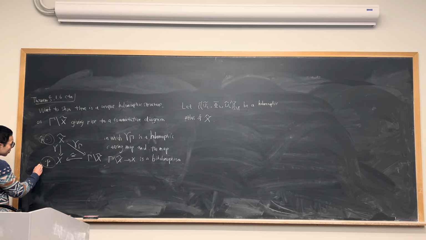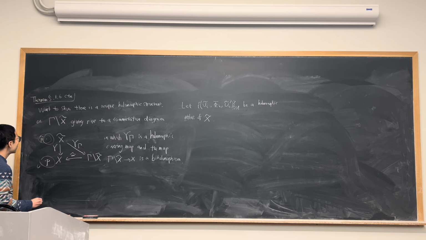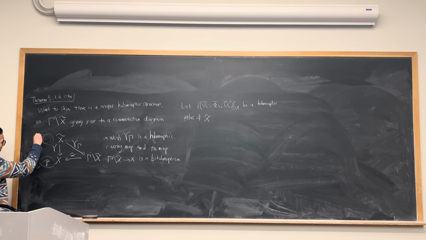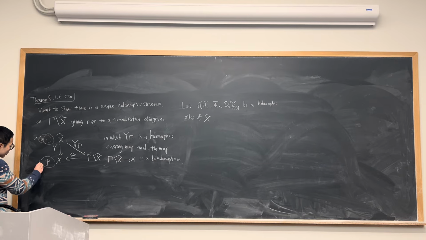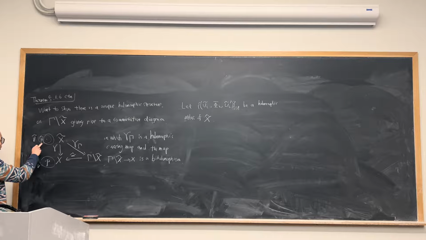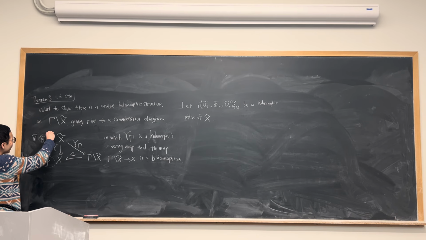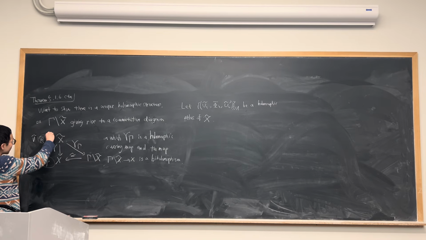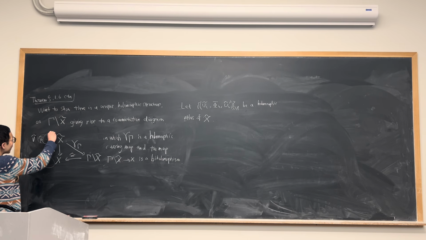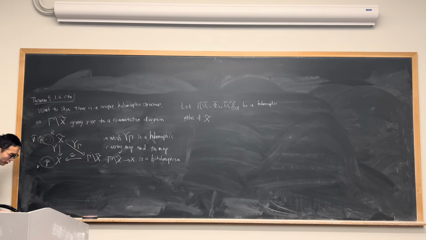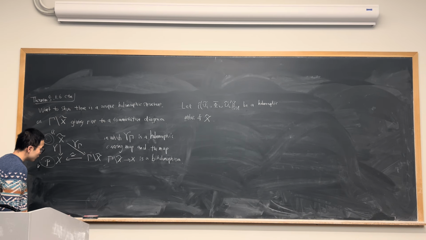Let's call this V, one of these different open sets in the preimage, and then this is U_i. You take the intersection and that gives you an open set.